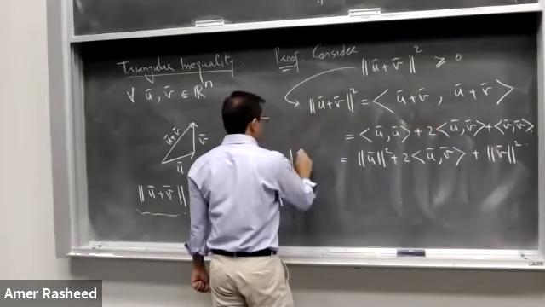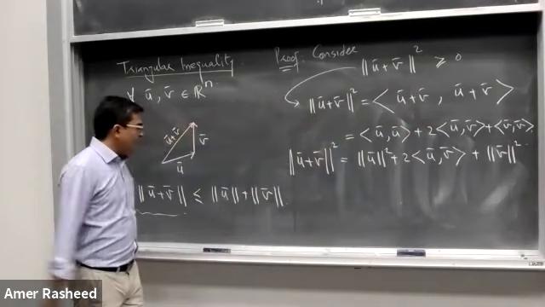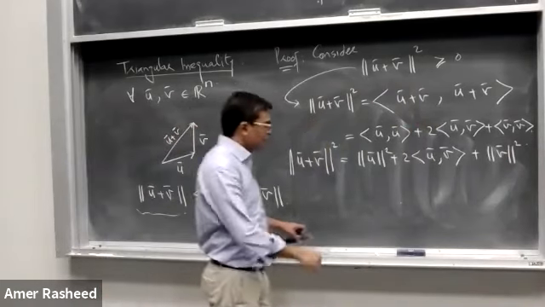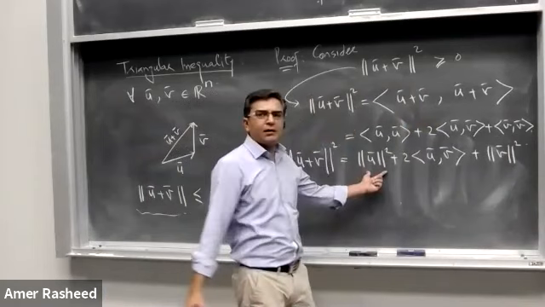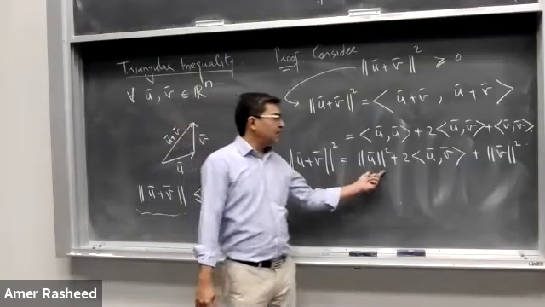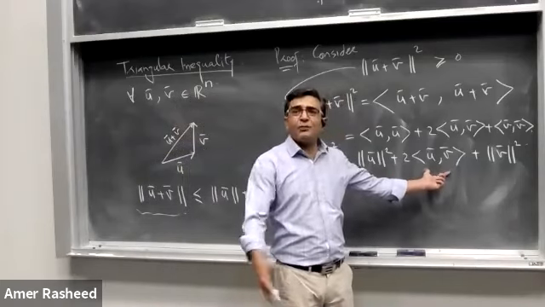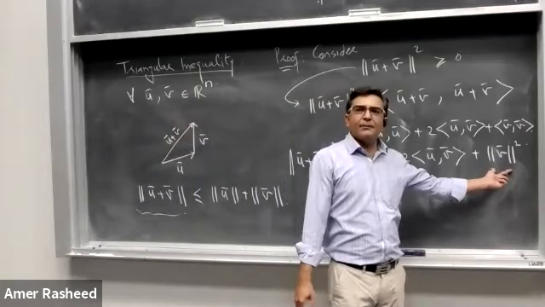And this is the norm of u plus v squared. Now I'm going to take the absolute value on both sides, because this is a real number that is always positive, this is a real number that can be negative or positive, and this is again a real number.